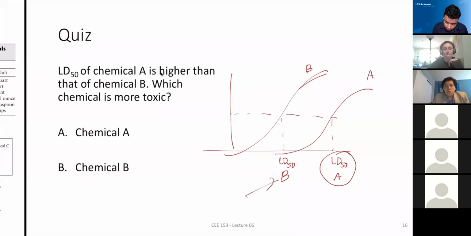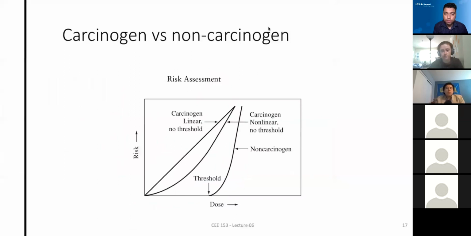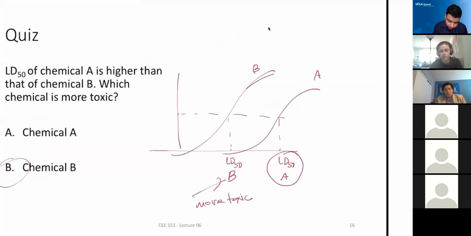That means B is more toxic because it takes a smaller amount to have that effect. Okay, so that's the fundamentals.